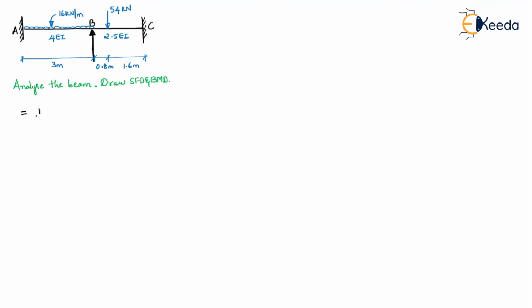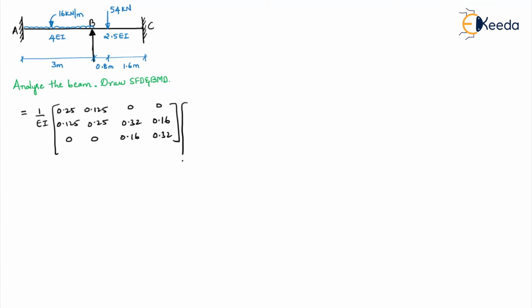So you will get 1 by EI into 0.25 0.125 0 0, 0.125 0.25, 0.32 0.16, then 0 0 0.16 and 0.32. This should be multiplied by 1 0 0 0, 0 1 1 0, 0 0 0 1.